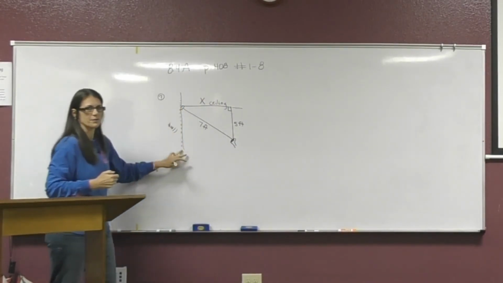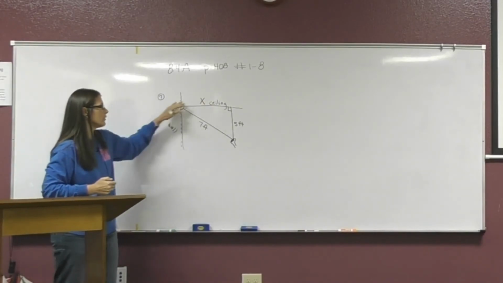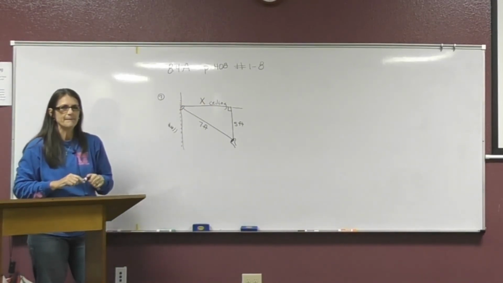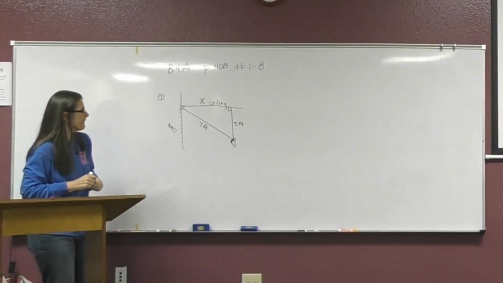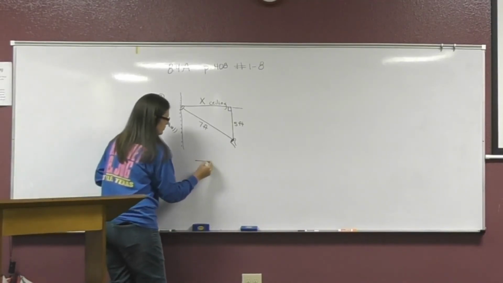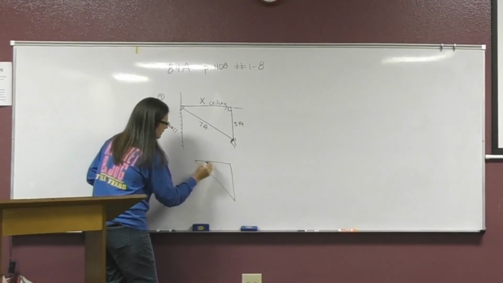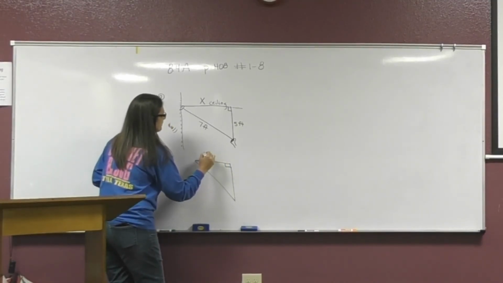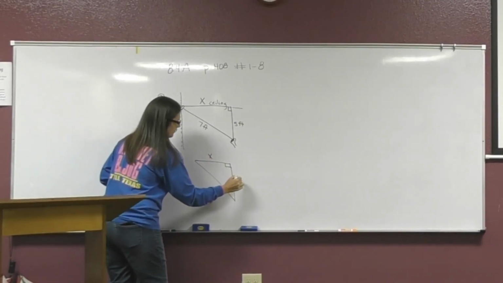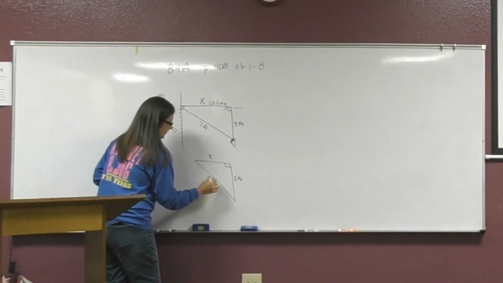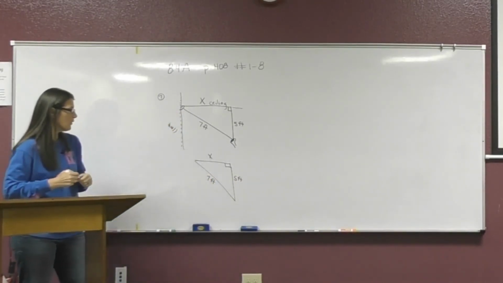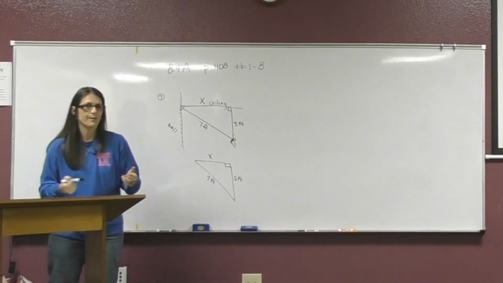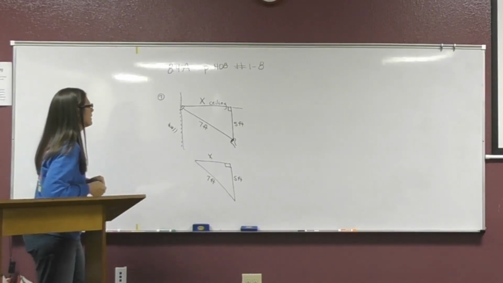Those are going to be parallel to each other. Okay, so I can just close up that right triangle. All right? Okay, so it's just a right triangle that looks like this. So on this one, I would use the Pythagorean theorem to find the missing side.